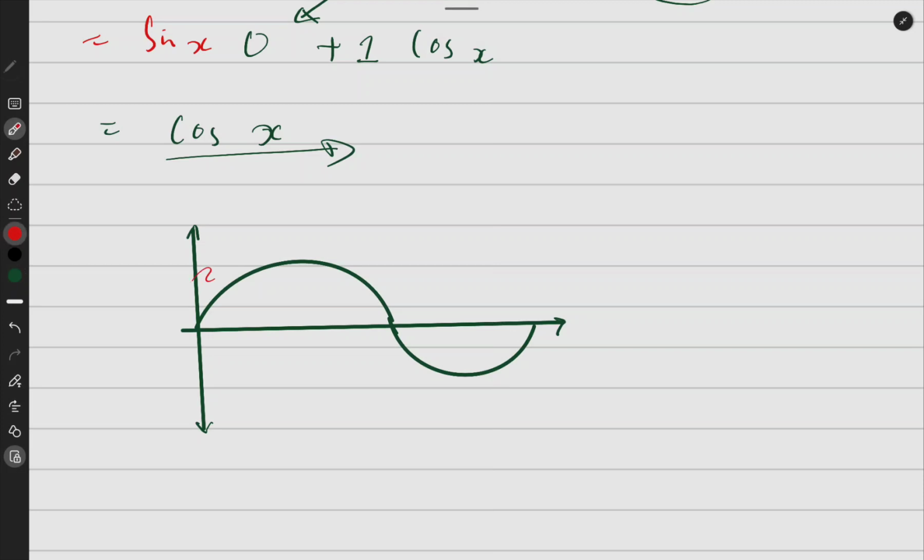So we know that the gradient here is positive, and here it is 0. And here the gradient is negative. Here it is 0. And here it will be positive. So it has stationary points just here and here.